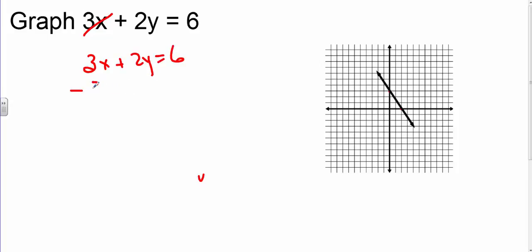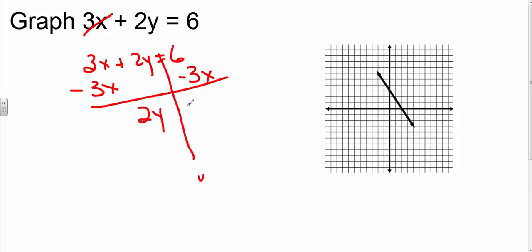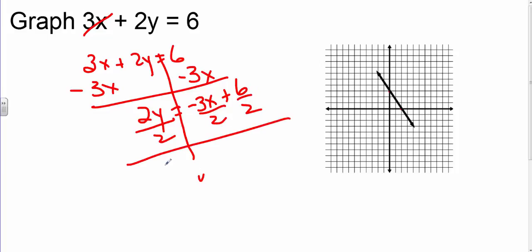We minus 3x on both sides. That gives us 2y equals negative 3x plus 6. Divide by 2, everything divide by 2. And that gives us y equals negative 3 over 2 x plus 3.